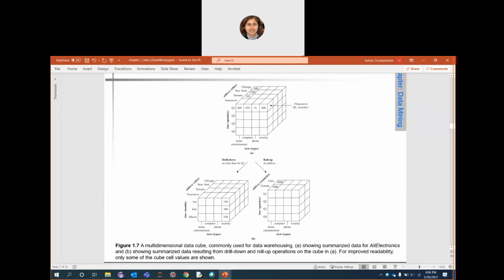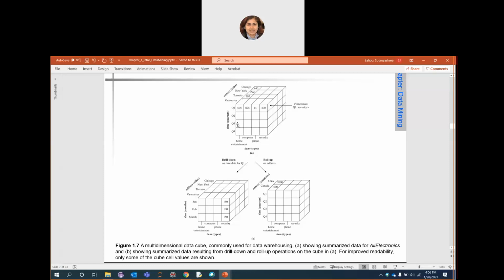So if you see the first picture here, let's take the example of the last slide, the All Electronics store. The data cube for the summarized sales data of All Electronics is specified in this figure A. This data cube has three dimensions. One for the city value, that is Chicago, New York, Toronto, and Vancouver.